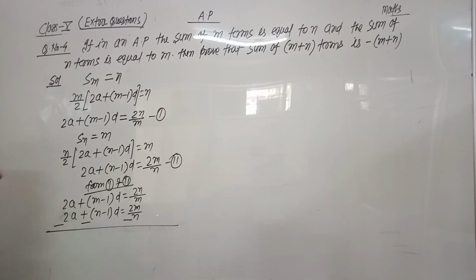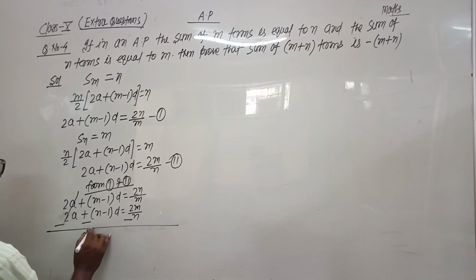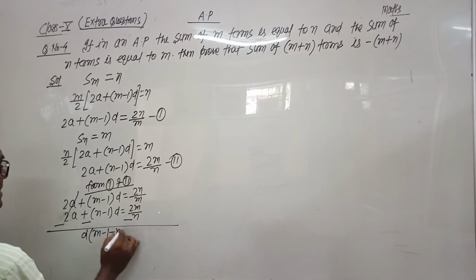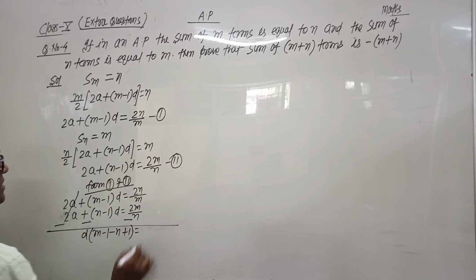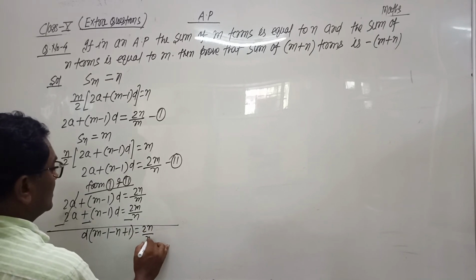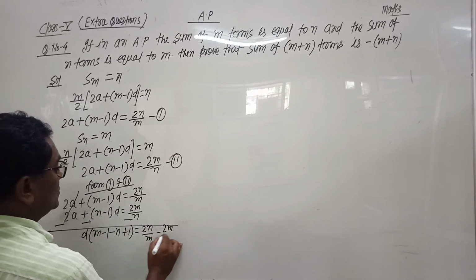We subtract, then remove the sign of denominator. 2a and 2a get cancelled, d is common. So m minus 1 and minus n and plus 1 equals 2n by m minus 2m by n.